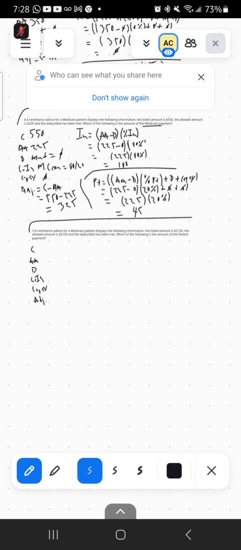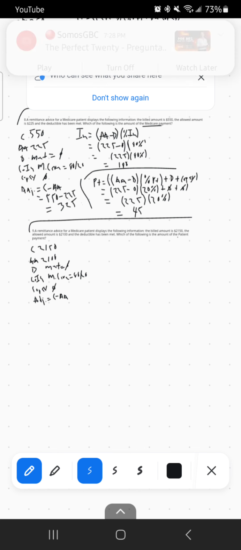Very good. The problem displays the information. Billed amount 2150, allowed amount 2100, deductible met. That is 0. It doesn't say anything else, but it says Medicare. Medicare is 80/20. It doesn't say co-payment, so 0. And adjustment is charges minus allowed.